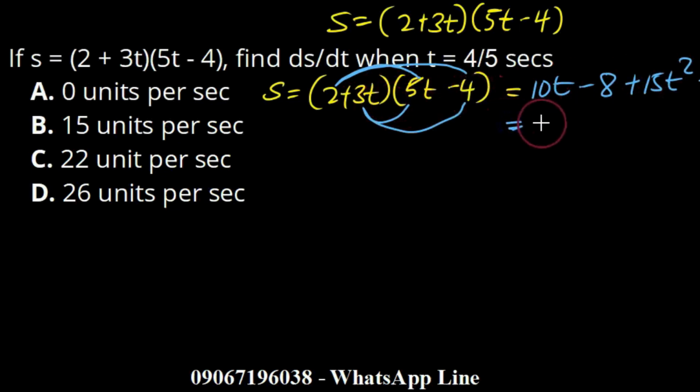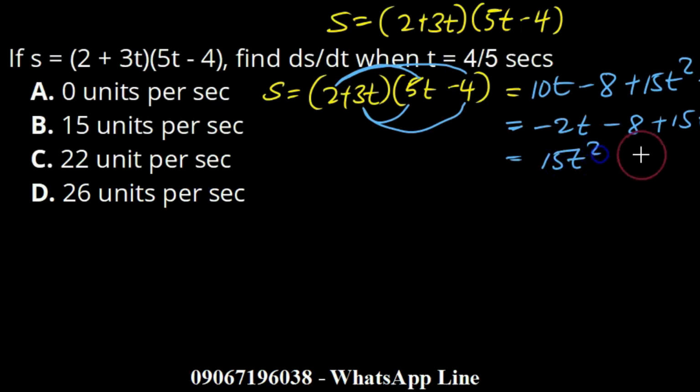We'll take like terms from that: 10t minus 12t is going to give us minus 2t, then minus 8, and then plus 15t squared. So you can write that as 15t squared minus 2t minus 8. So this is what we're looking for.